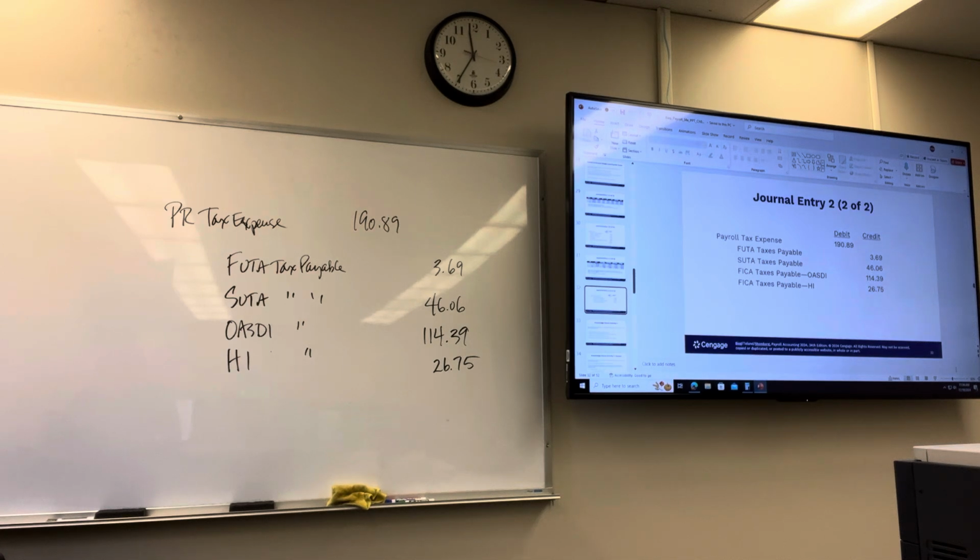Calculate their income tax, their federal income tax. Here's the state income tax rate. Calculate their state income tax withholding. Calculate their Social Security withholding. Calculate their Medicare tax withholding. Make both journal entries, the first 2 journal entries for those employees.